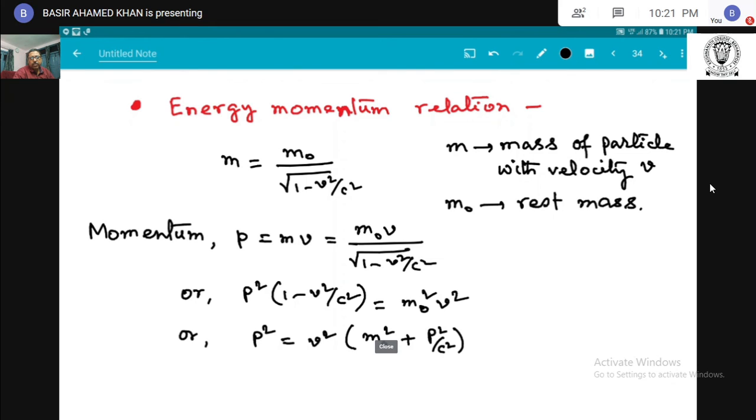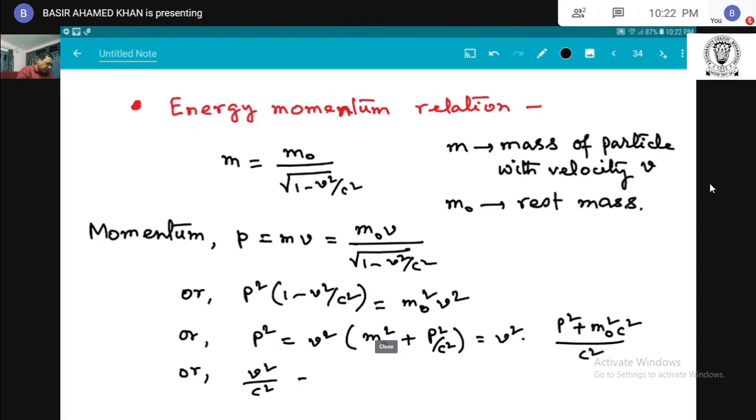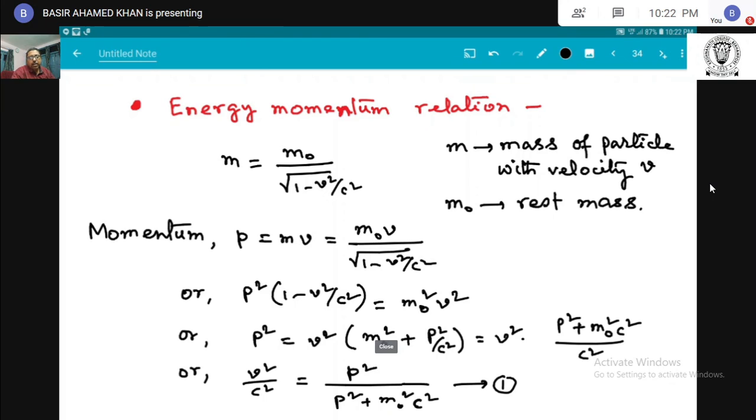So v square by c square equals p square divided by p square plus m0 square c square. This is equation 1.